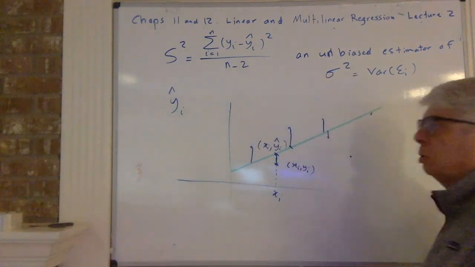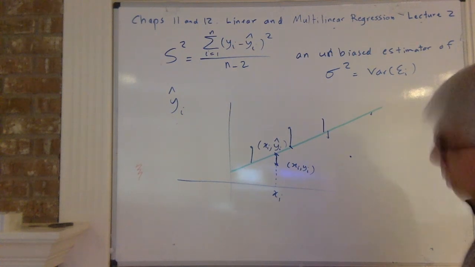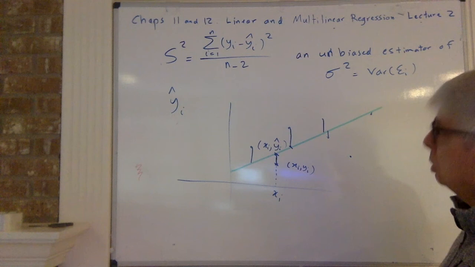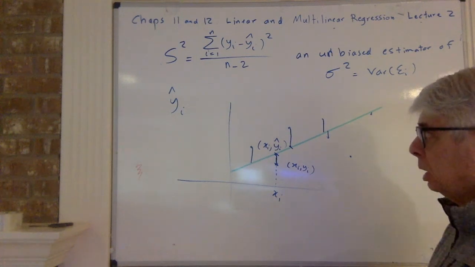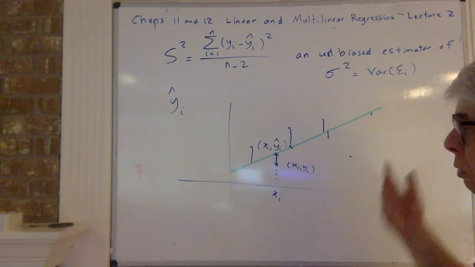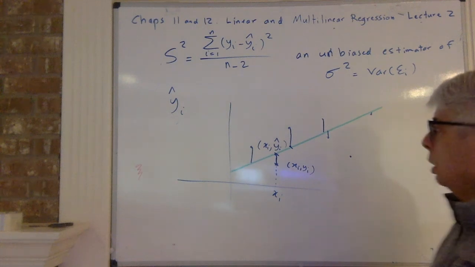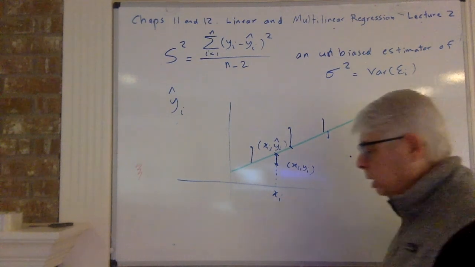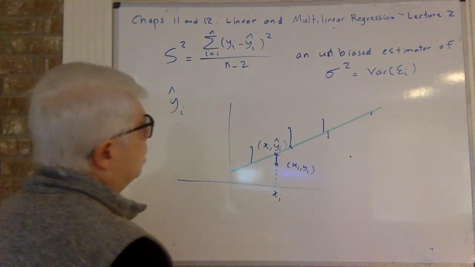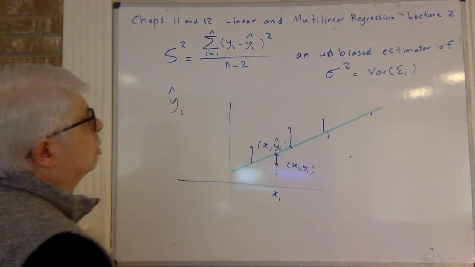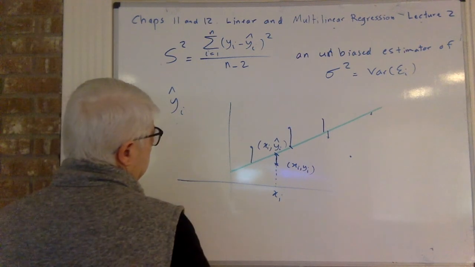I have proved this in a more general situation, for multilinear regression. The proof is not easy, and this is a special case of that. So this is what estimates sigma squared.